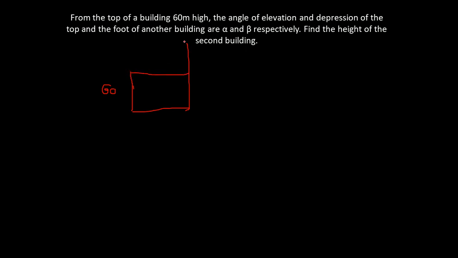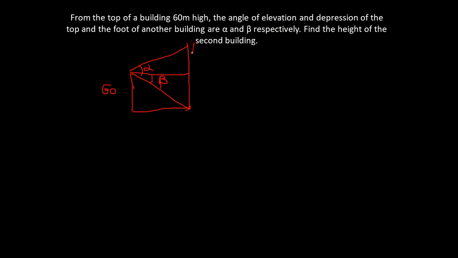So this one will be the angle of elevation, and it is called alpha. And from here it is seeing the foot of this other building, and this will be beta. We have to find the height of the second building.